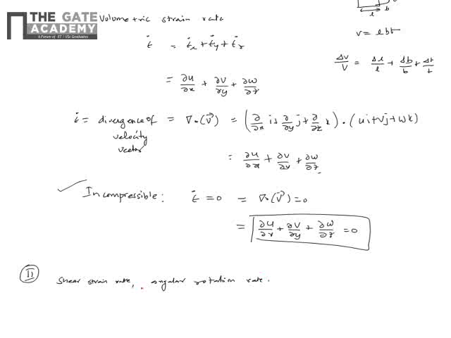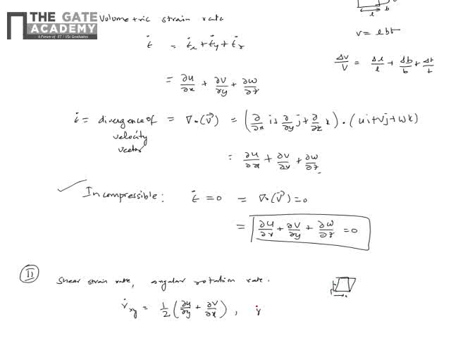Well, the shear strain rate in xy is defined as half of (∂u/∂y + ∂v/∂x). This is how it deforms. So in the xy plane, it tells how much it is shearing.